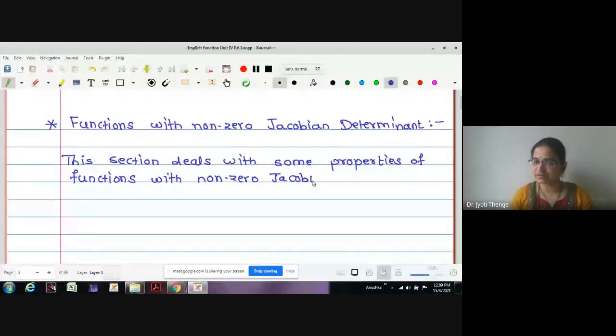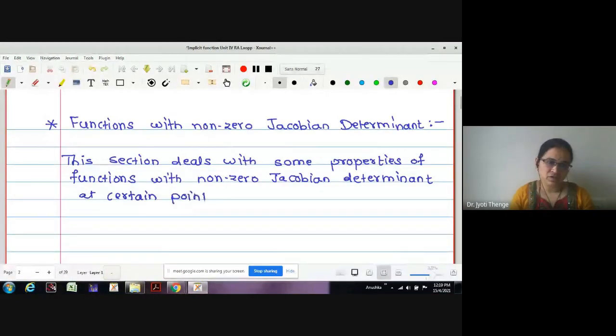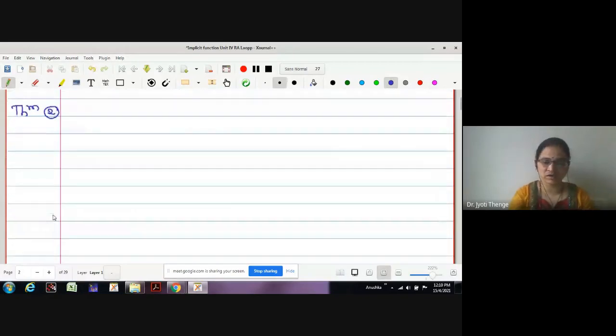Very interesting, and the first property under this is non-zero Jacobian determinant at certain points. Actually, this was our theorem number 2 in this unit. Let me write the statement of this. The statement is somewhat lengthy. Let us try to understand the statement first.